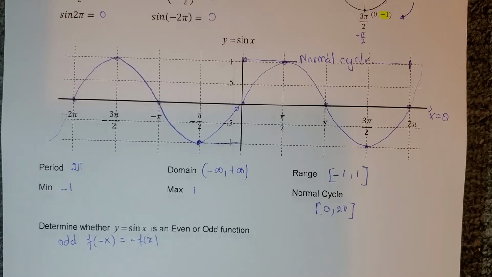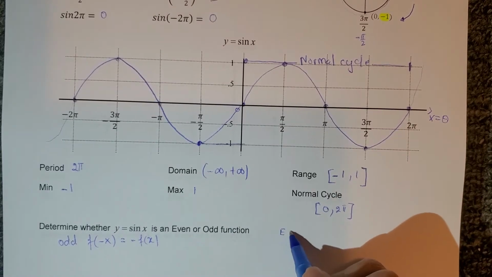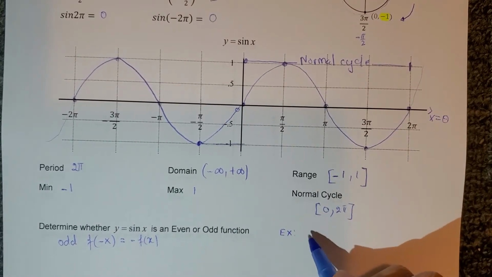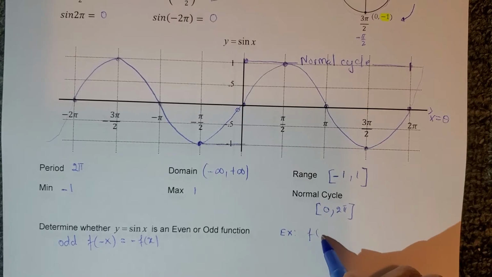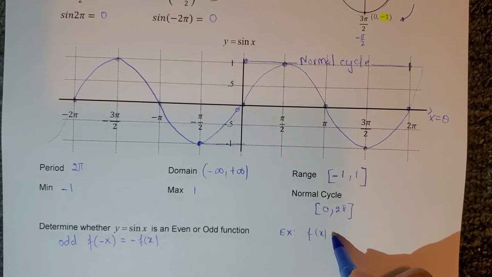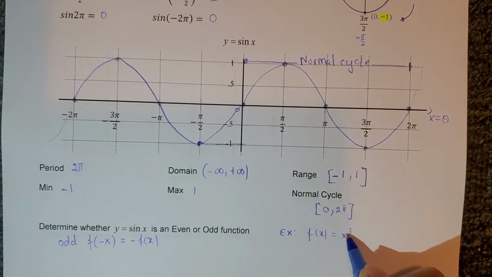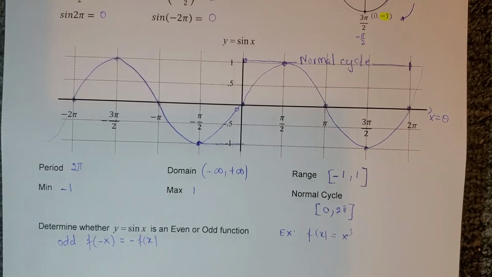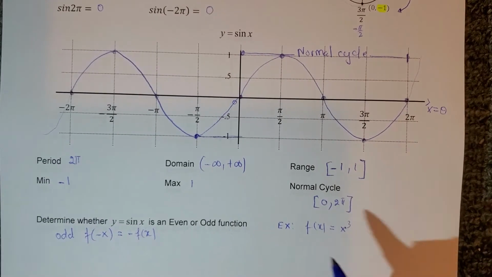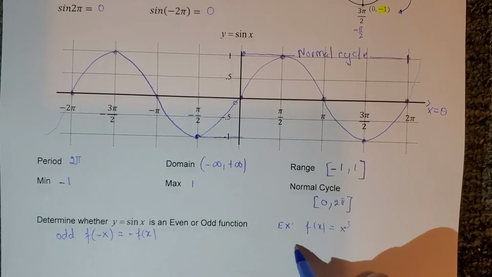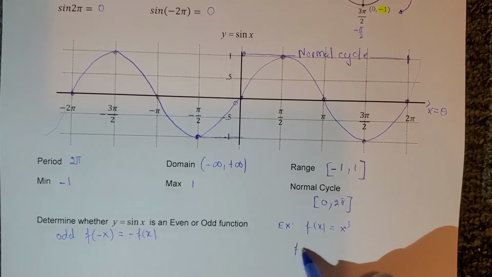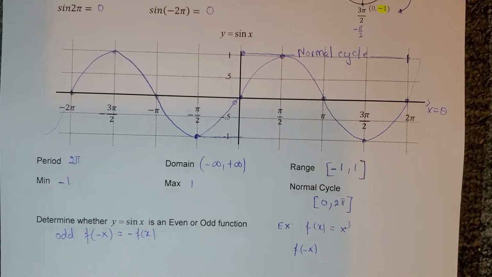So let me give you an example of this one. Let's say I have my function f of x equals x cube. If I choose my input to be negative h, I plug negative h into this one, so you evaluate it at negative h.